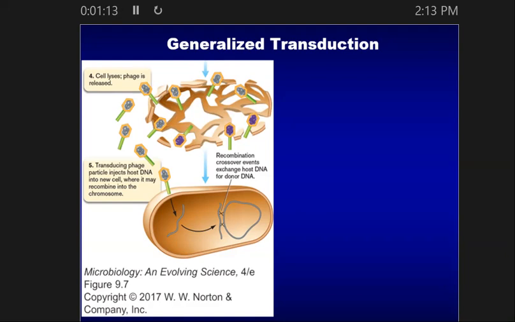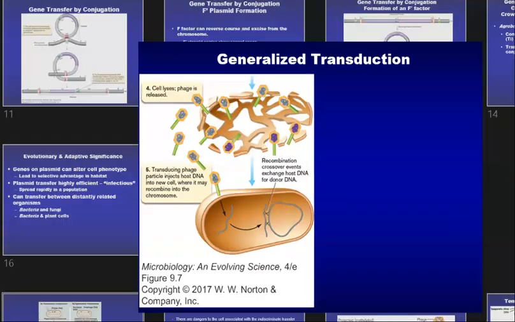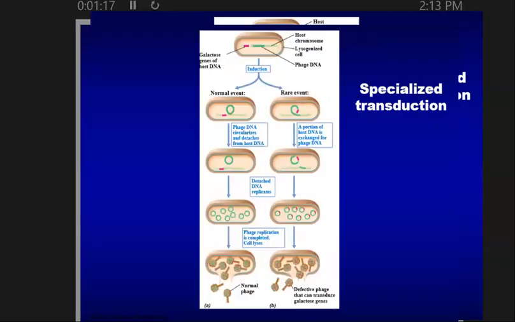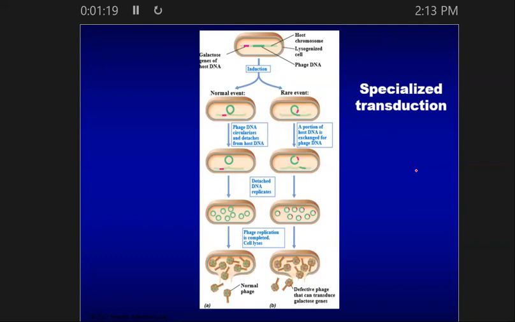And then we compared that to specialized, where it's a little bit more complicated in the sense that the viral DNA first pastes into the host DNA. That's what you're seeing at the very top, where you see the phage DNA, the dark green. That's the viral DNA that pasted into the host.